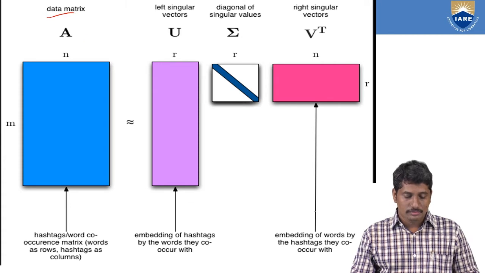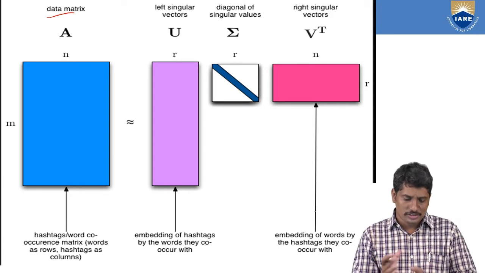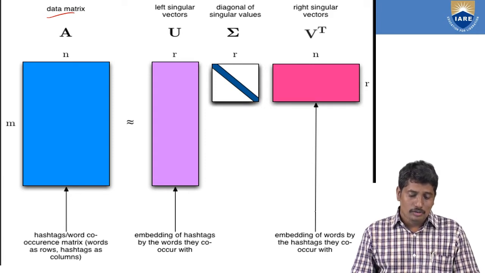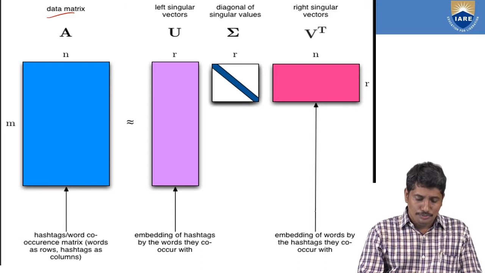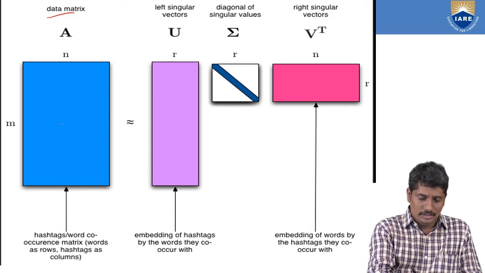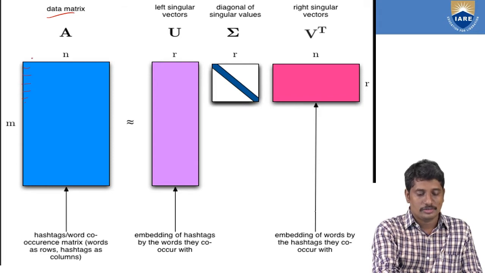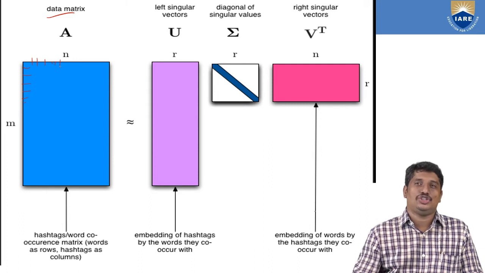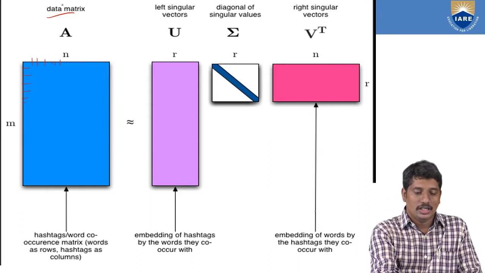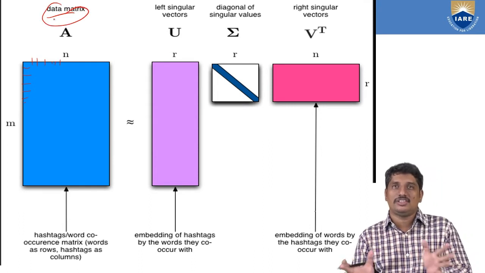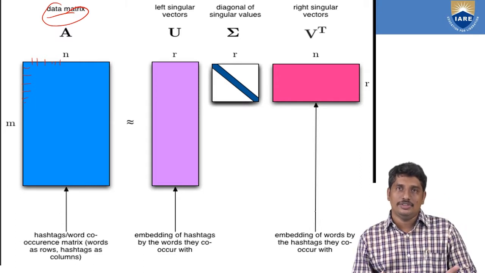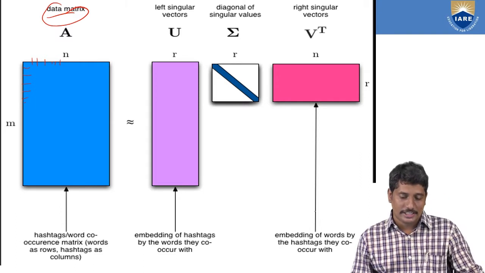The data may include hashtags and word occurrences. In this data matrix, the rows represent words and the columns represent hashtags.